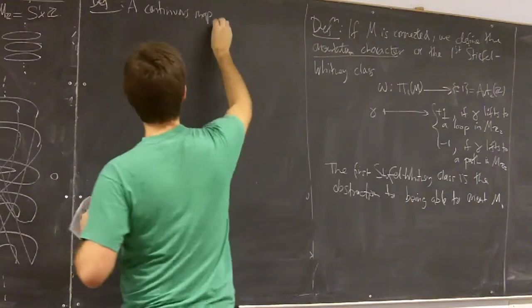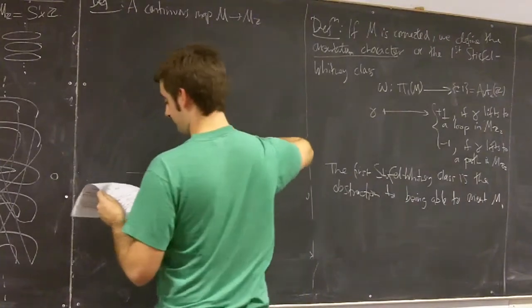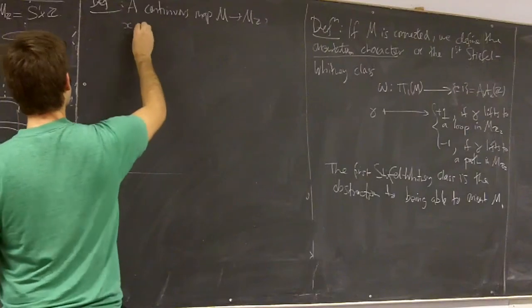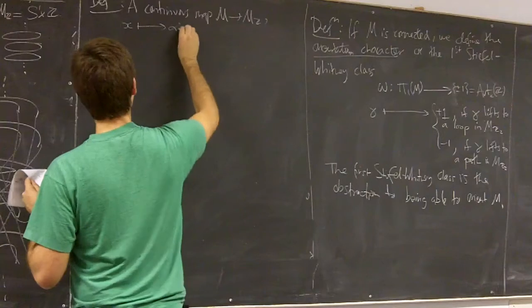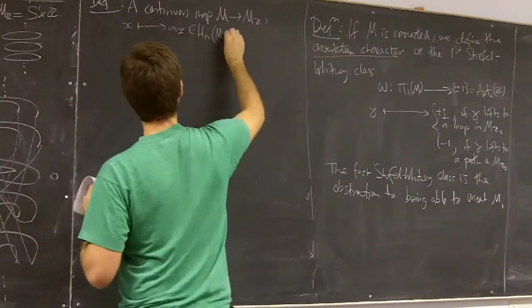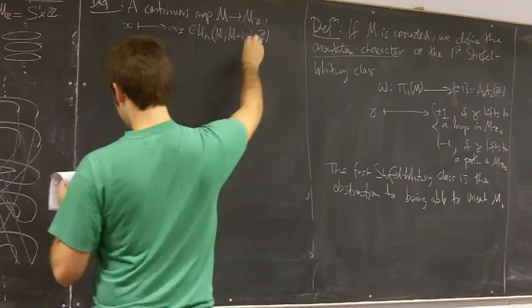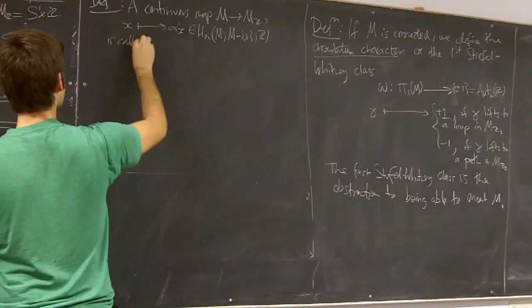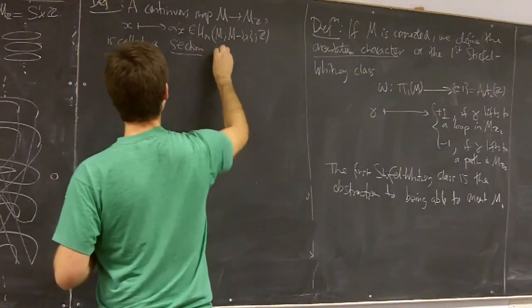So if we have a continuous map from M to this M sub Z such that x maps to alpha x in this local homology group, then this is called a section of the covering space.